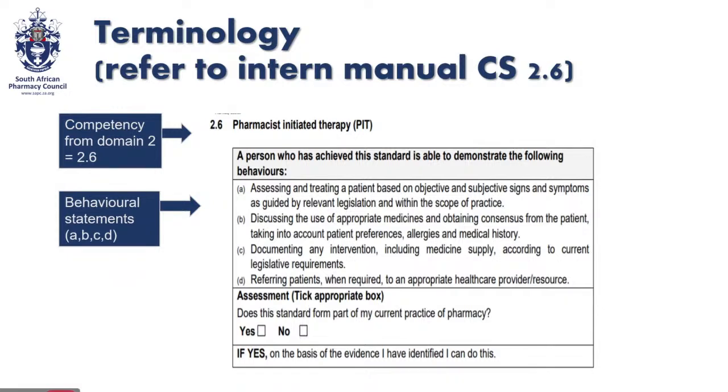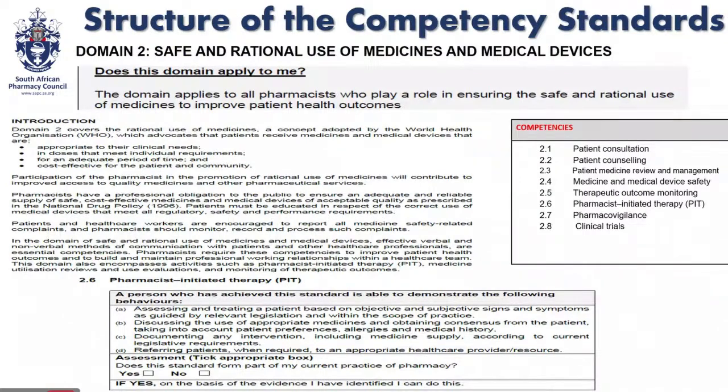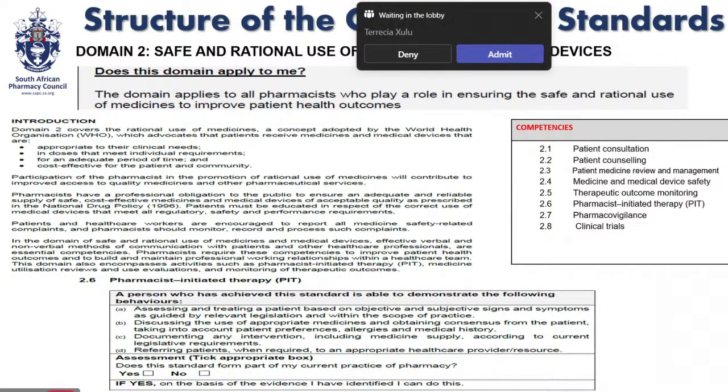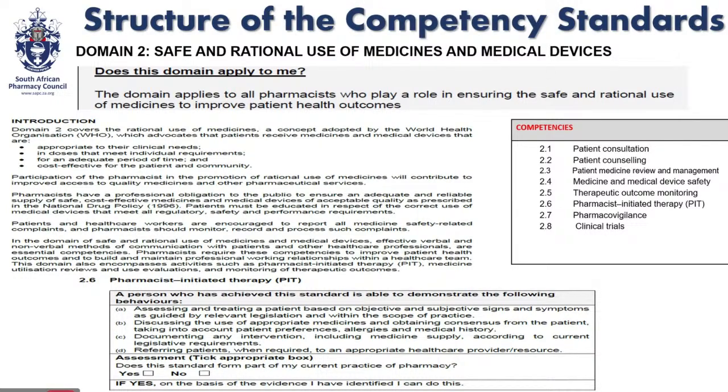There you can see the framework. First of all, we have number 2. Does this domain apply to me? It says this domain applies to all pharmacists who play a role in ensuring safe and rational medicine use. So yes, this applies to me. Then you can read through. It's very important to read through the introduction. It gives a lot of information that's very valuable in tackling your CPD and making sure you've selected the correct CPD.